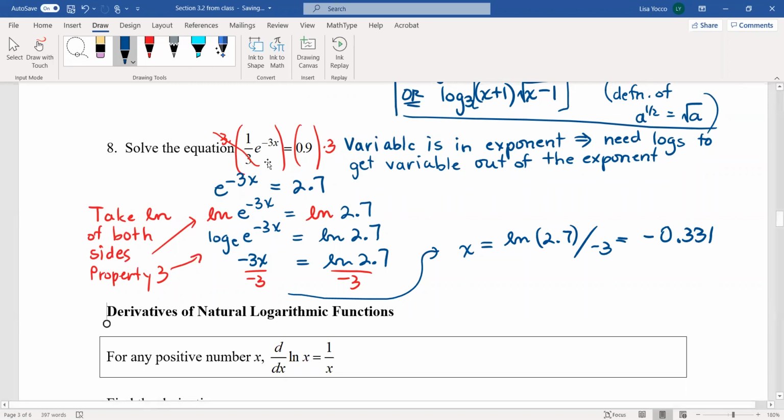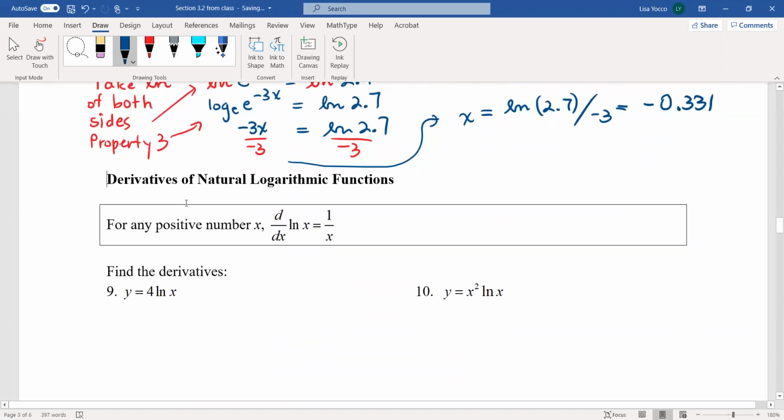Now finally we're ready to do some derivatives. Like I said, we only work on natural log functions, the ln. We're only doing derivatives of natural log functions.